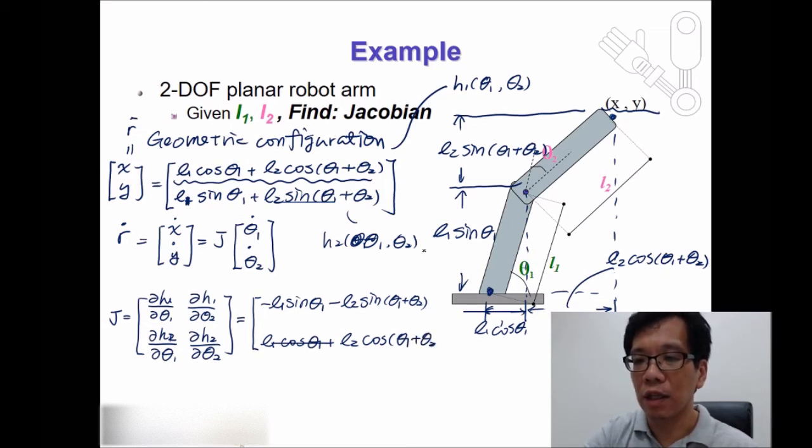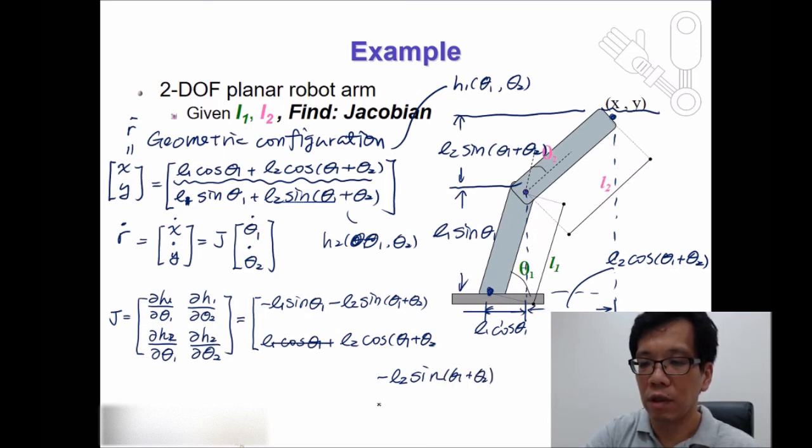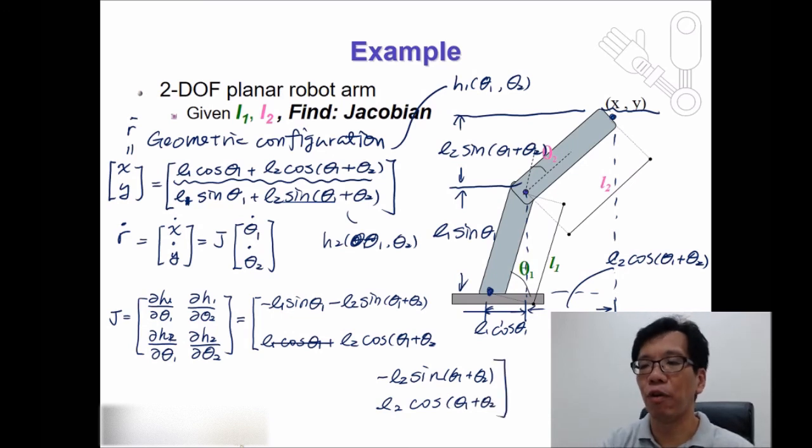For the second column, I'm going to have negative L2 sine (theta 1 plus theta 2), and this one is going to be L2 cosine (theta 1 plus theta 2). These are my four components.